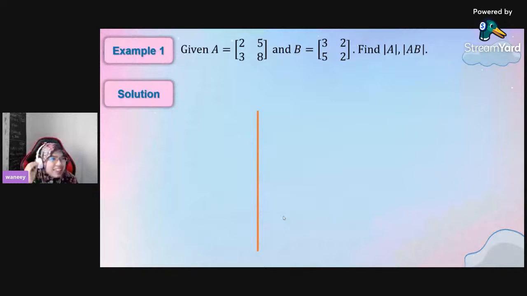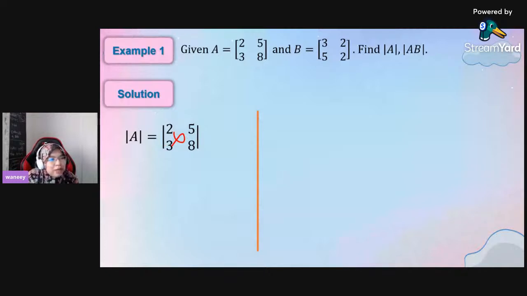Now, given that A is [[2,5],[3,8]], how do we calculate the determinant of A? Use the straight lines for the determinant. The formula for a 2 by 2 is A times D minus B times C, so AD minus BC.